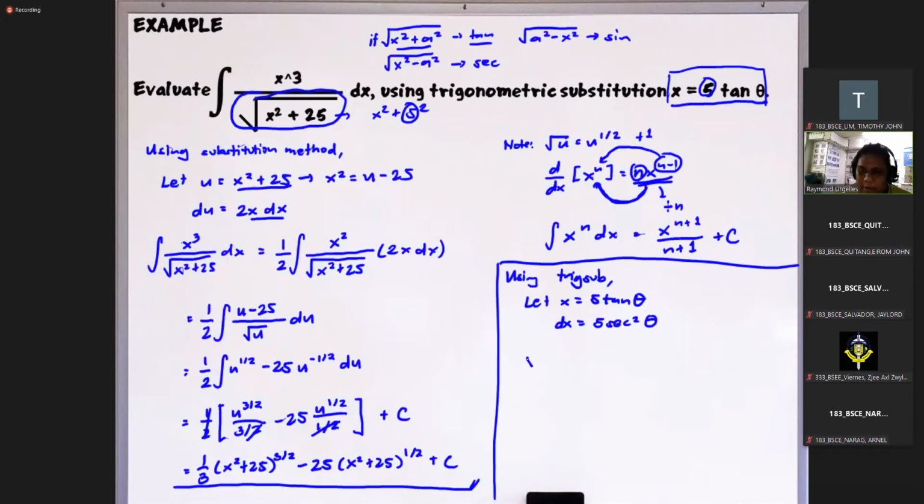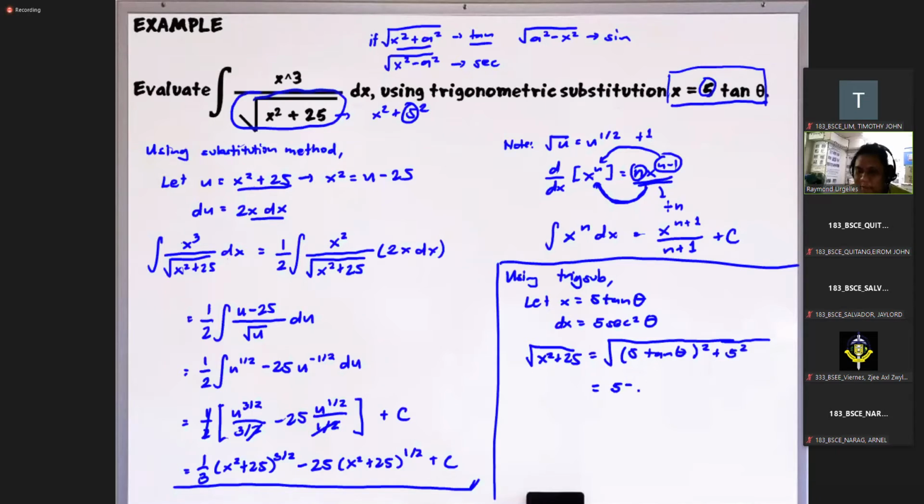Yung square root of x squared plus 25 will be given by square root of, yung x nga is gagawin nating 5 tan theta, this quantity squared. Tapos yung 25 naman is simply 5 squared. Therefore, we can factor out yung 5 squared dito.